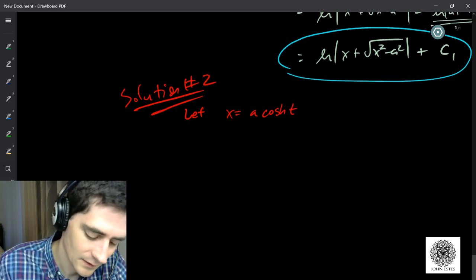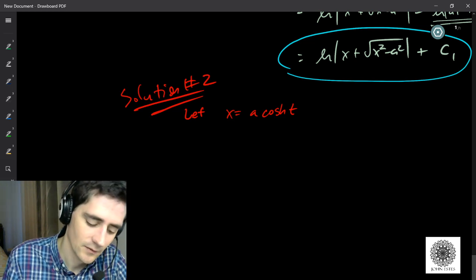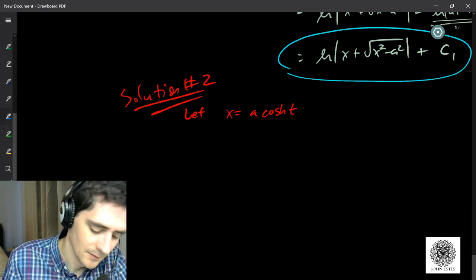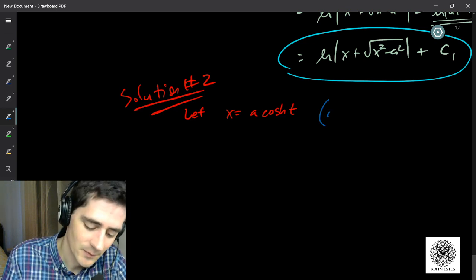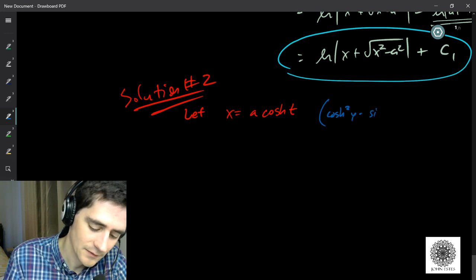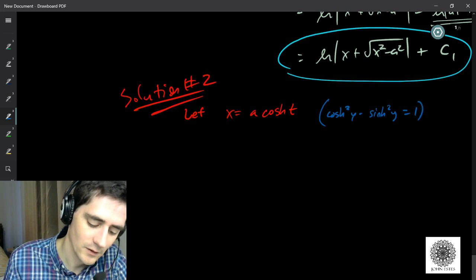And the reason that that works is because remember that with hyperbolic functions, cosh squared minus sinh squared equals 1.